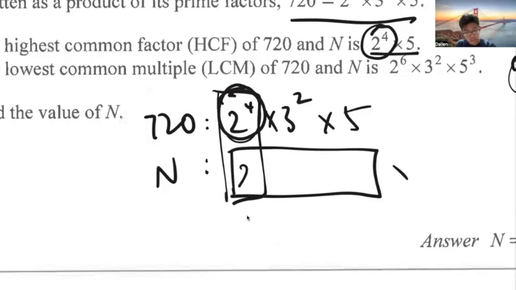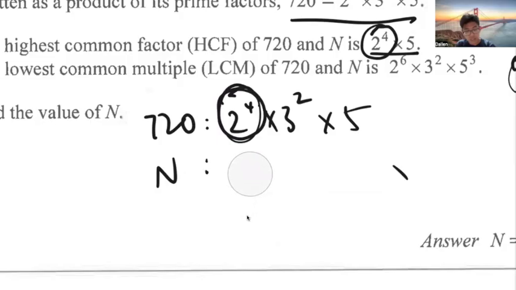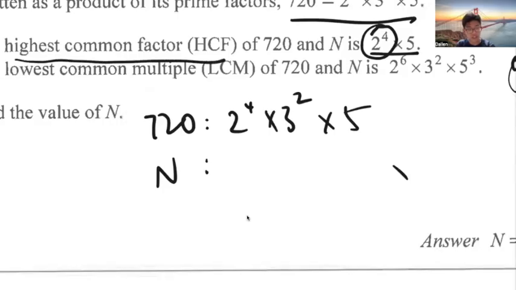So it's probably 2 to the power 5, 2 to the power 6, 2 to the power 7, but it's definitely not 2 to the power 4. Okay? But since it's in the highest common factor, there should be a 2 to the power of something. We put a question mark first.